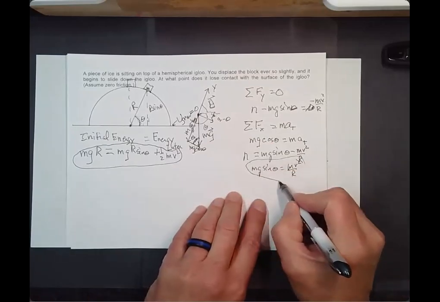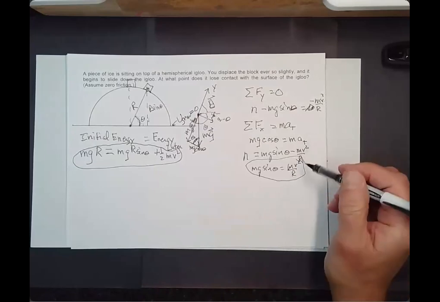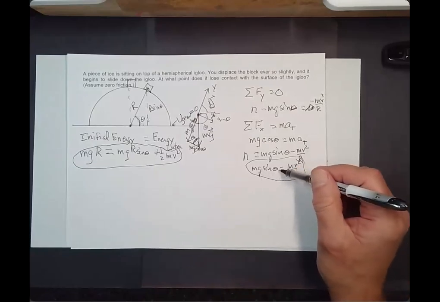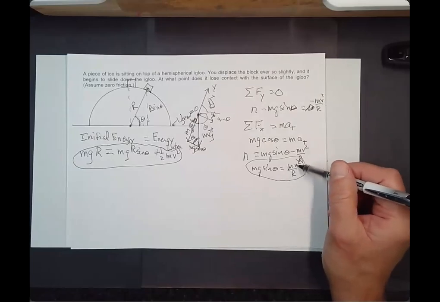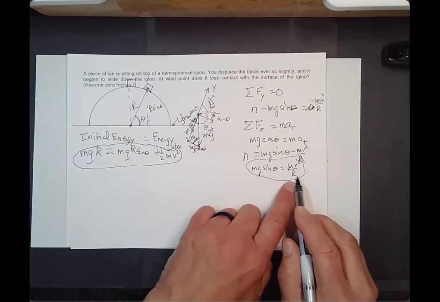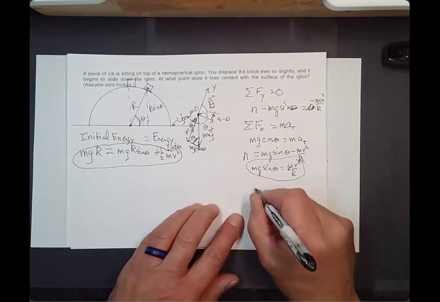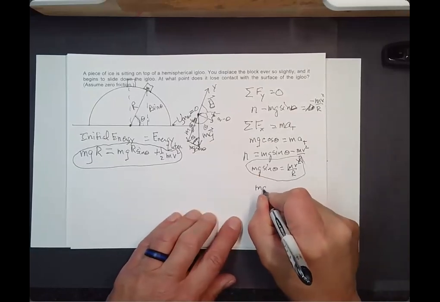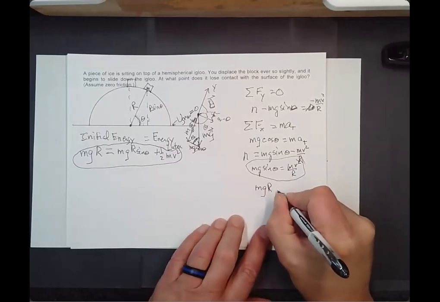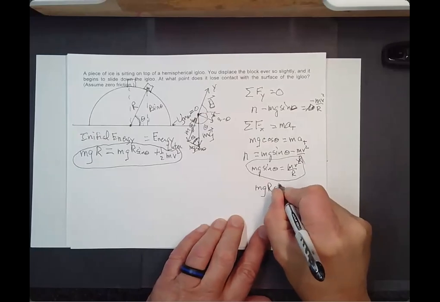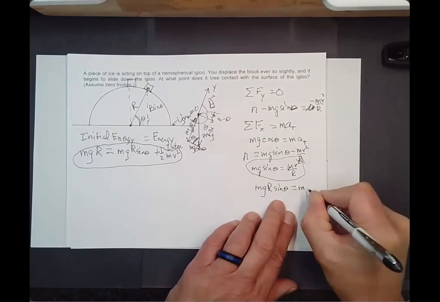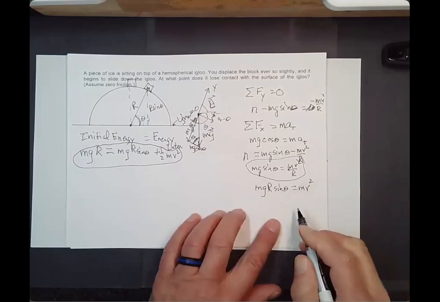Except I have the condition for when it leaves contact with the igloo, and it is that mg sine theta is going to equal mv squared over R. If I multiply out from underneath there, at the instant that it loses contact, mgR sine of theta will equal mv squared.